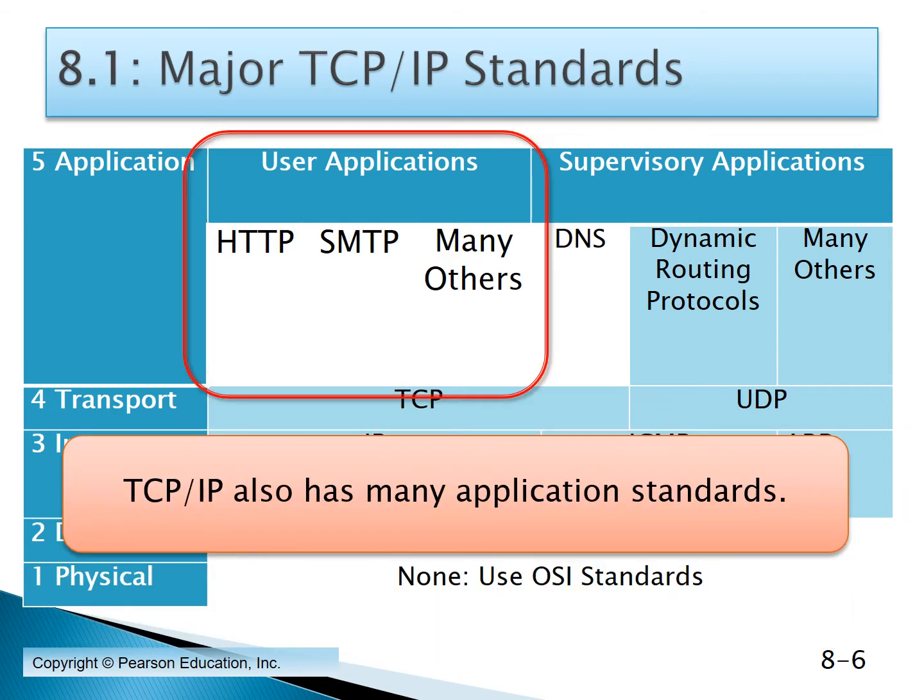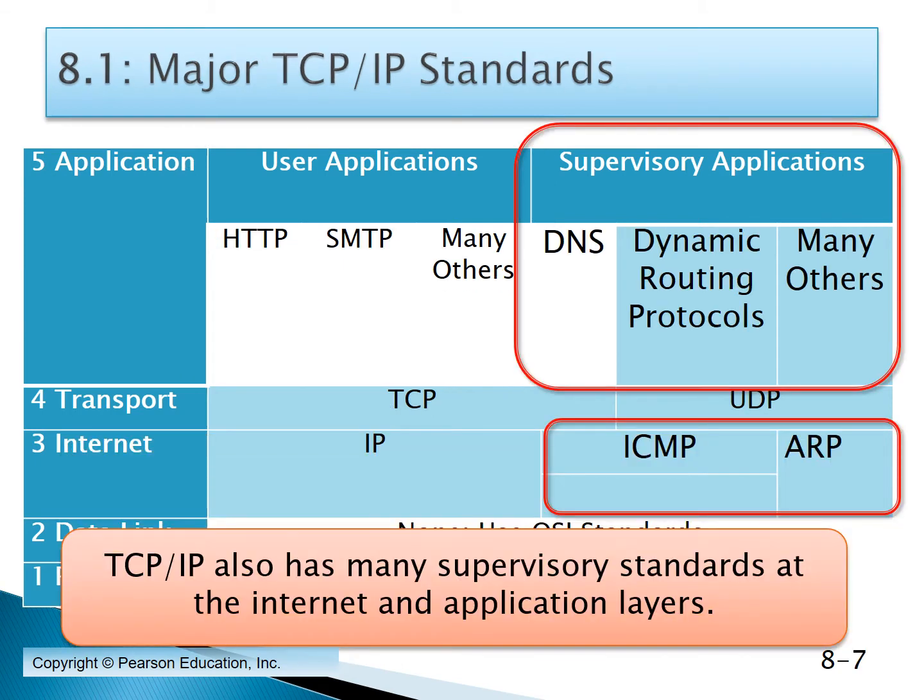Okay, so TCP/IP also has many application standards that you can build on top. In the application layer, there are many user applications like HTTP for web pages and SMTP for emails, and of course there are many other applications that we can use on the internet.